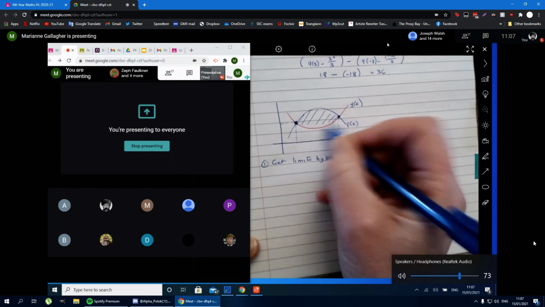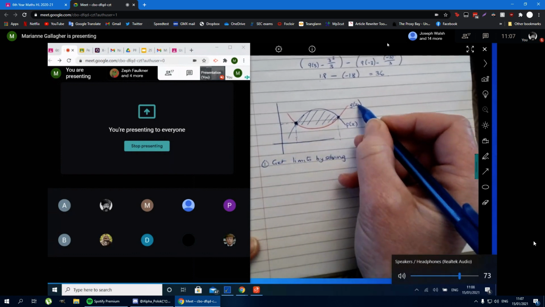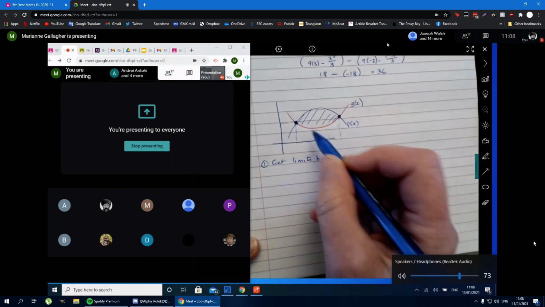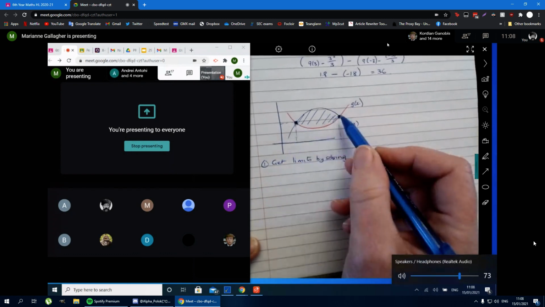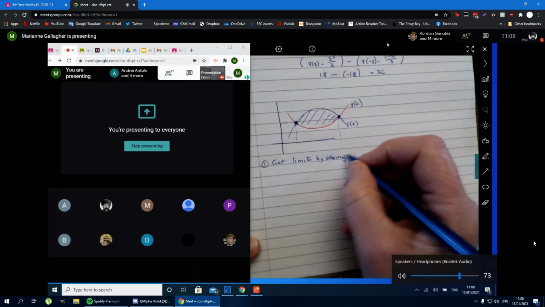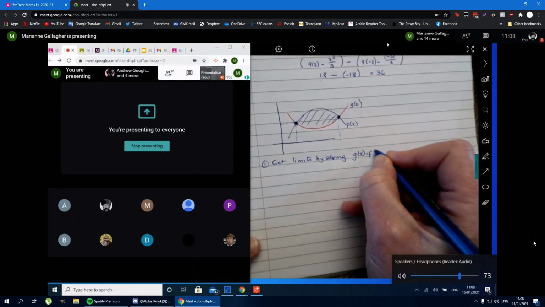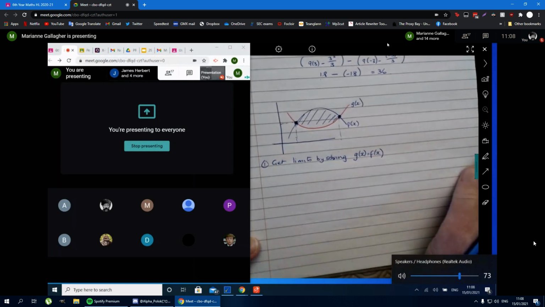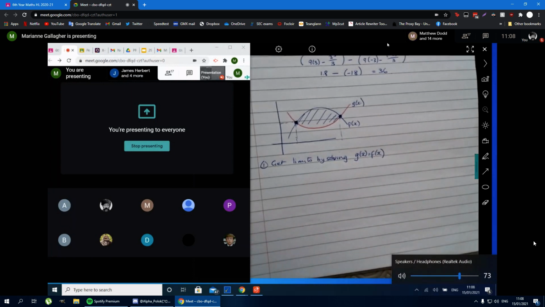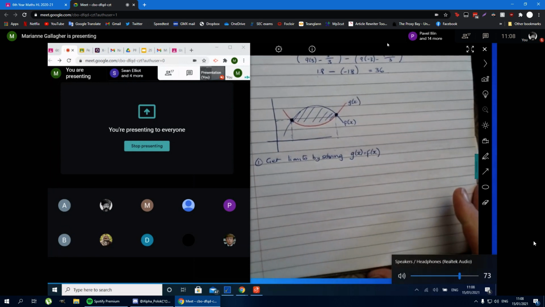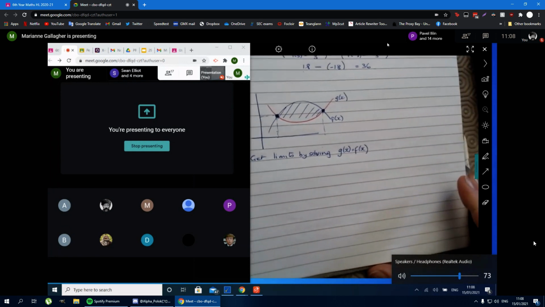So this point is the same for f of x and the same for g of x, and the same here. So the limits are where they intersect each other. So basically at that point you solve g of x equal to f of x. And we'll come back to that in a minute, okay? So before you can work out the area, you need to know where you're integrating from and to, because otherwise we're not going to be able to get our definite integral.